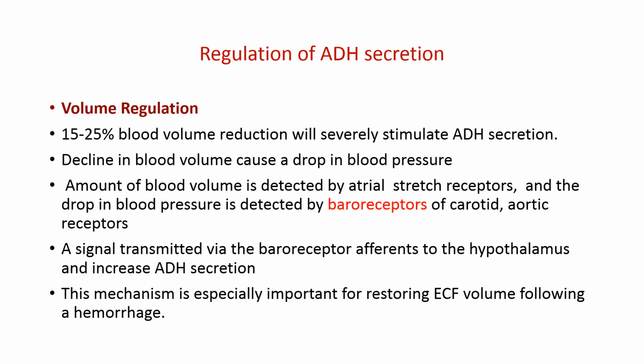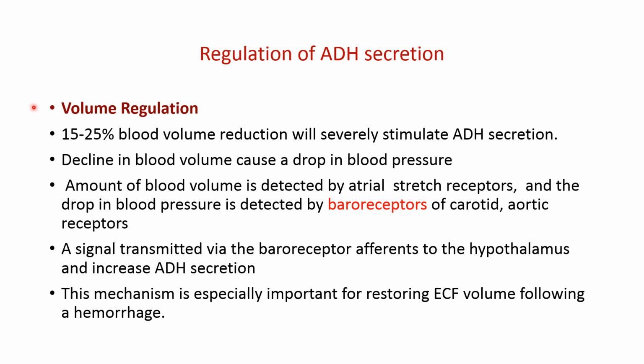However, there is another important thing that we should know. Sometimes we have volume depletion, and we can call this volume regulation, due to diarrhea, vomiting, or bleeding or hemorrhage.